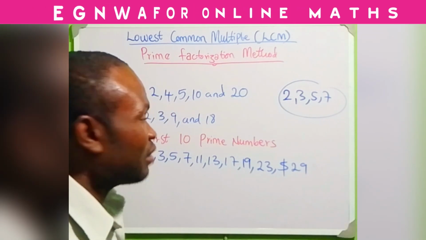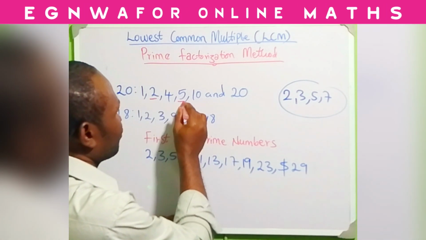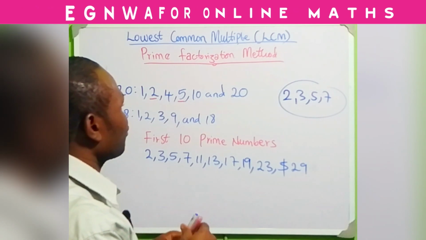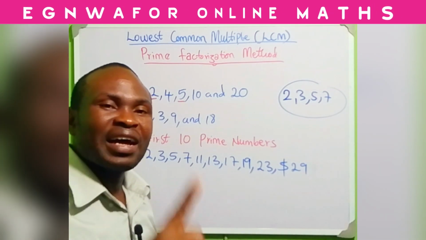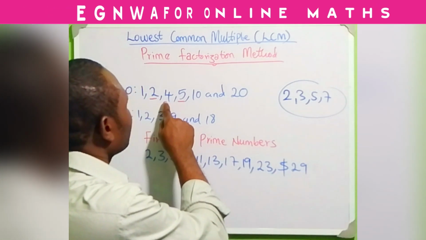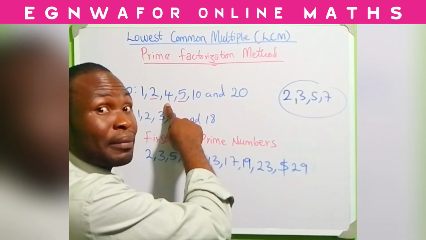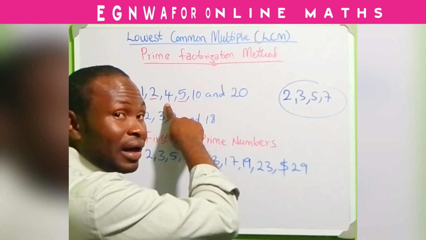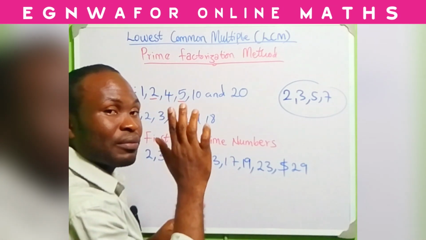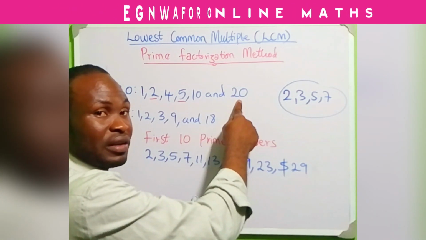Examples of such prime factors for 20, we get 2 and we get 5. You will see say among 2 and 5, they no get any other factors except themselves and 1. But 4 get other factors, you fit divide them. But this other one you can't divide them. 10 you fit divide 10. Even 20 also you fit divide 20.